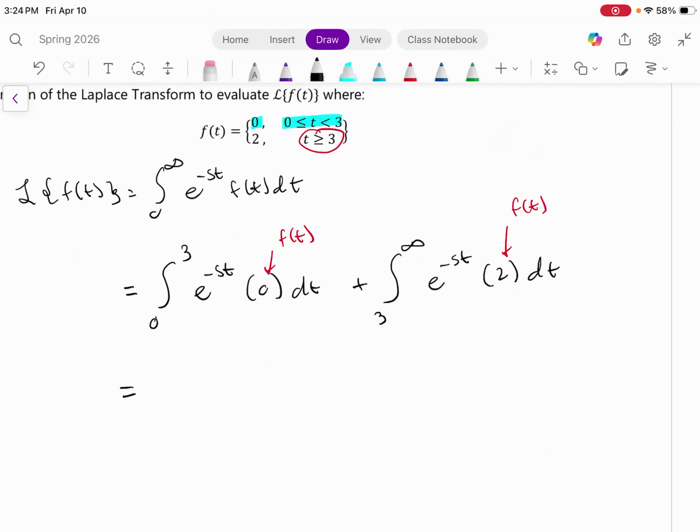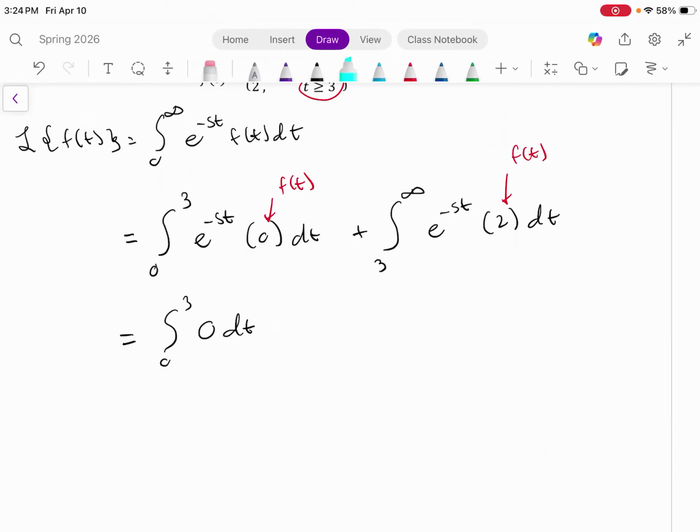So e to the negative st times 0. That's just going to be the integral from 0 to 3 of 0 dt. But the integral of 0 is just going to be 0. We don't get anything from that.